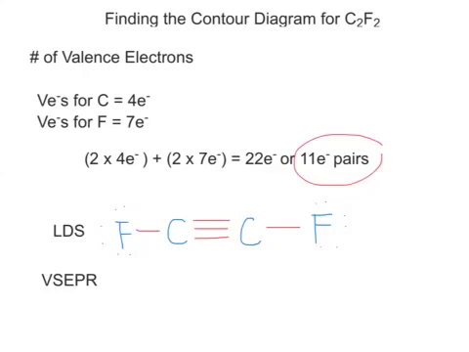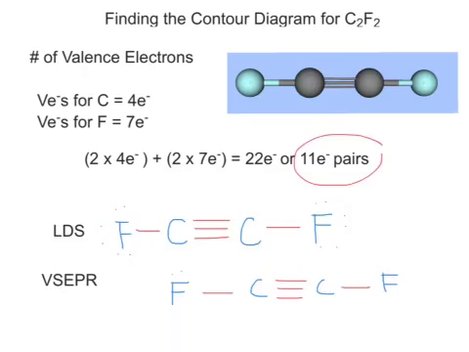So for our VSEPR diagram, since it's a linear structure, since it's not being pushed off in a bent way by any lone pair that may cause repulsion to bend the structure, we would have F, C, C, and F. Pretty much the same in this case as the Lewis dot structure, and this would include the angle, which is 180 degrees because it's linear.